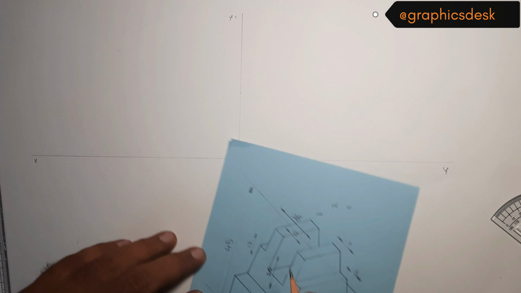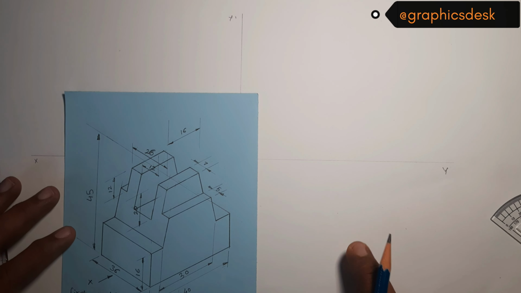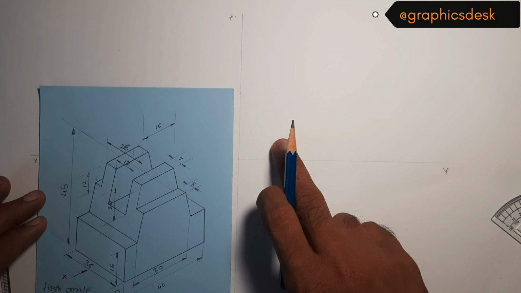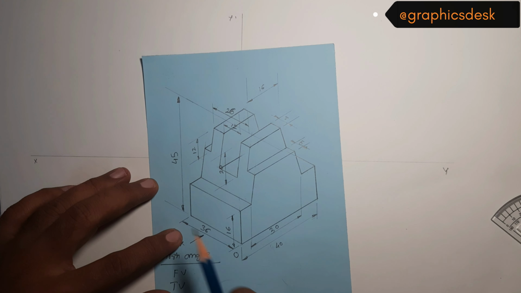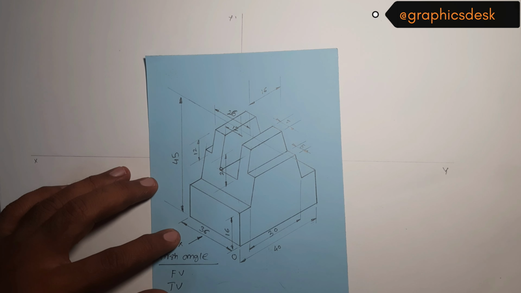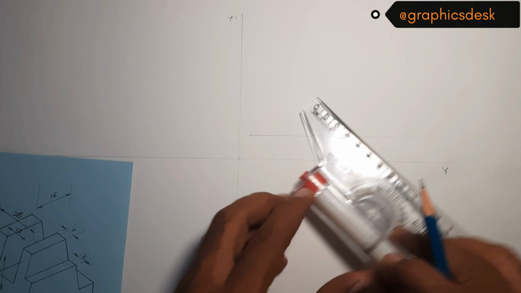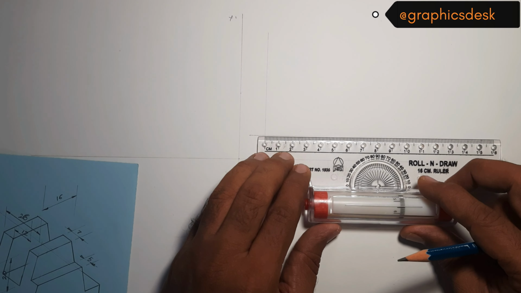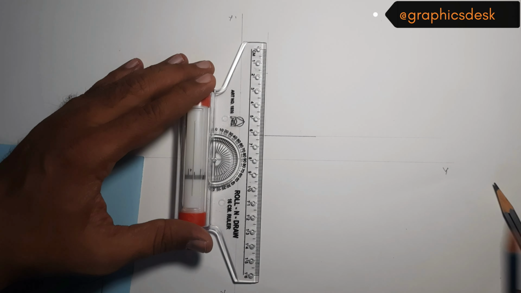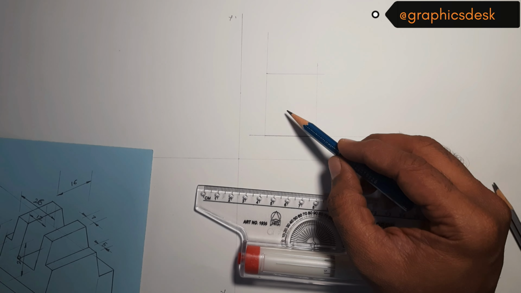Our right hand side view will be on the left hand side and our top view would be in this section of the quadrant. So let's first build the front view with base as 36 mm and height as 45 mm. Let me draw the rectangle first with very faint lines and then we'll construct the geometry within it. So this is the rectangle inside which we'll have our geometry.